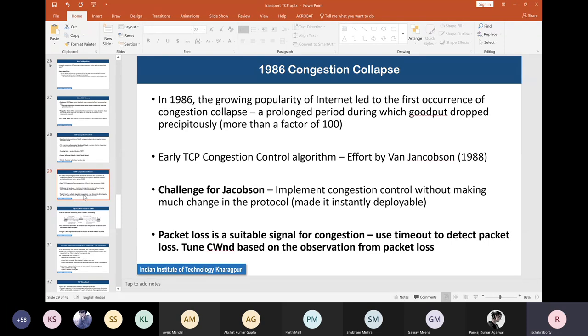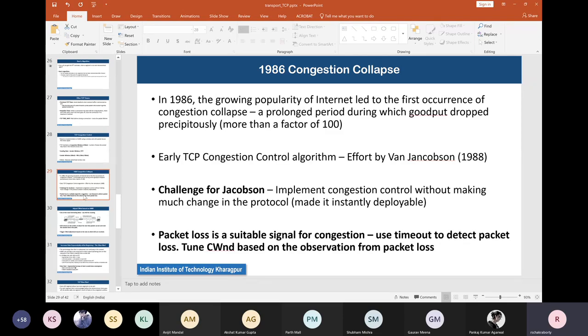But then as the number of users started growing worldwide, this other factor of how I am behaving, or what my behavior looks like to the other parties also sharing the same network bandwidth, started getting important.